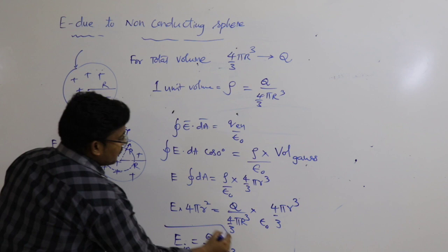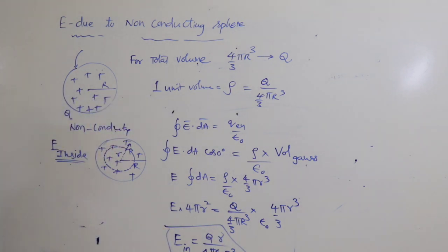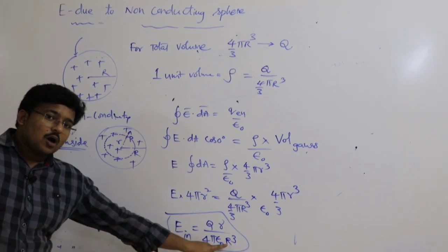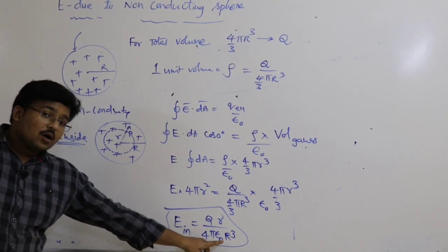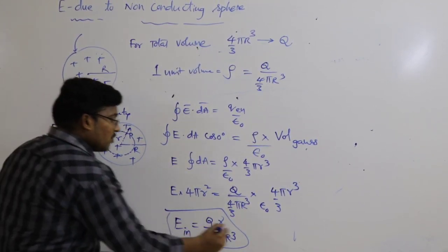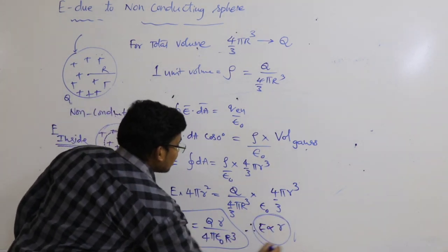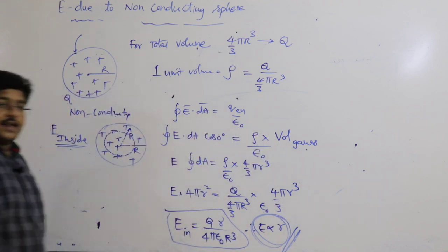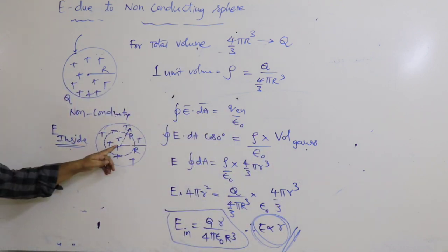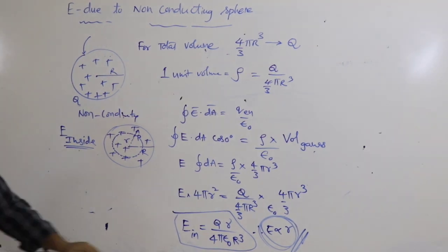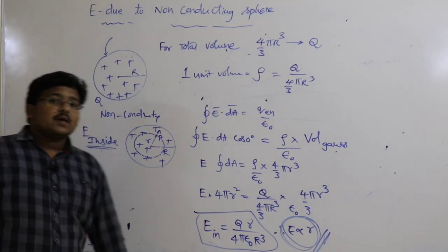This is the field formula inside. Q, 4 pi epsilon naught and r cube are all constant. So E is directly proportional to r. As r increases from the center, the electric field also increases.